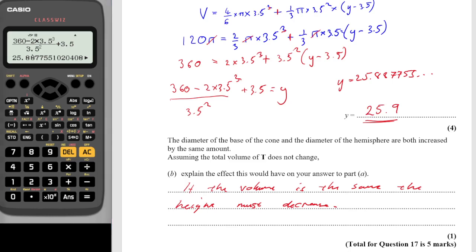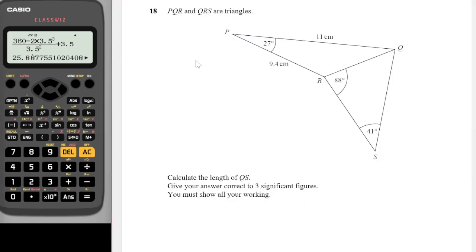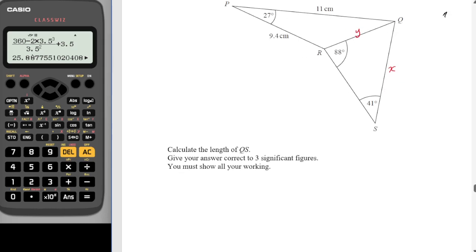Okay, question 18. So we've got 2 triangles. Calculate the length of QS. So that's, I'm going to call X. To work that out, we could use the sine rule if we knew this value here. So we need to use the cosine rule to work out the value for y.